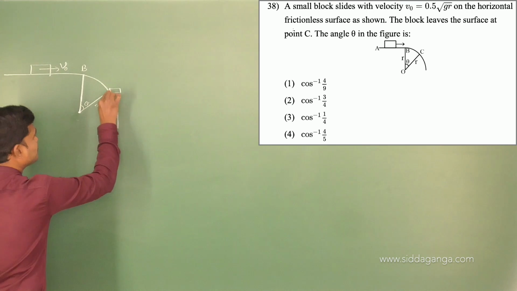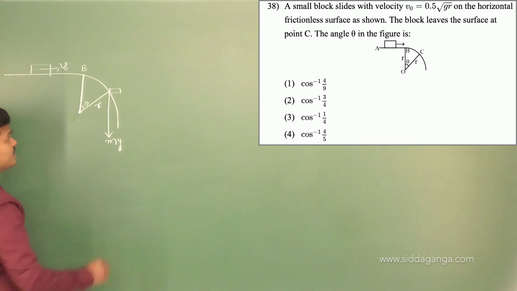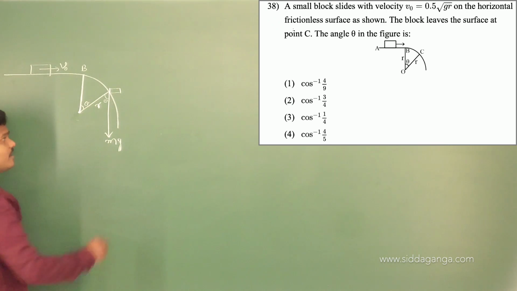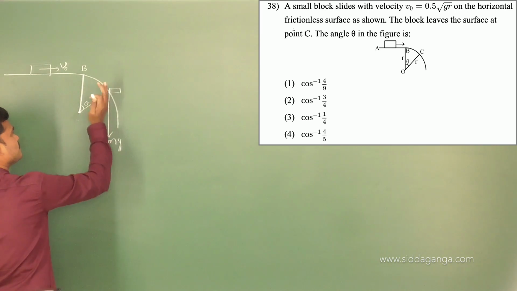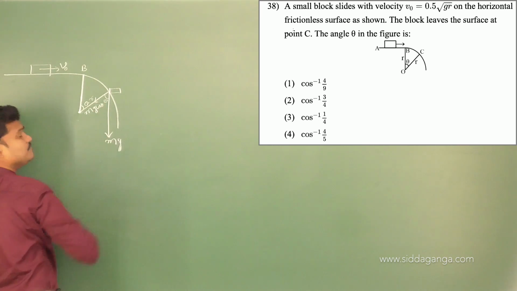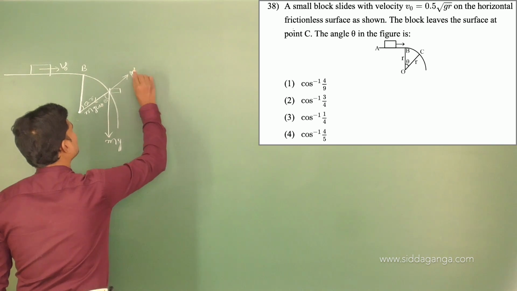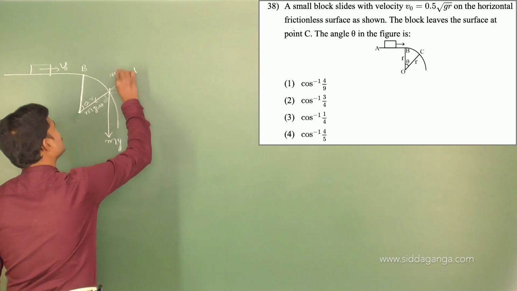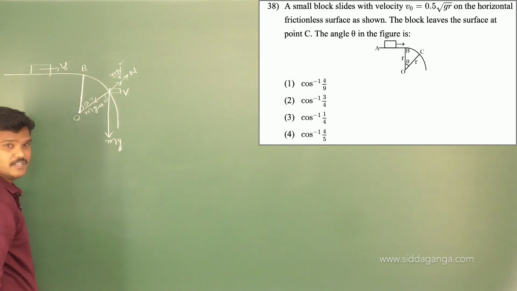The weight of the block acts vertically downwards, and if this is theta, this is also theta, and mg is resolved into two components. One component is mg cos theta, and this is the normal reaction force. One more force is acting: if v is the velocity, the centrifugal force acts away, mv square by r.